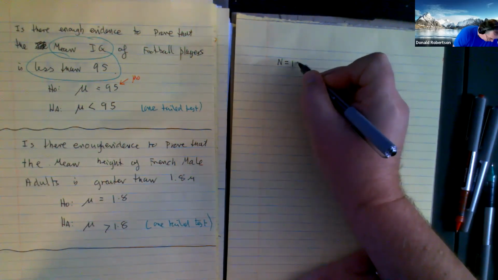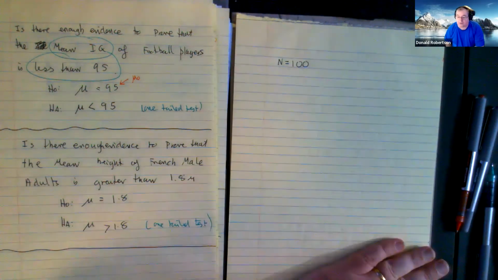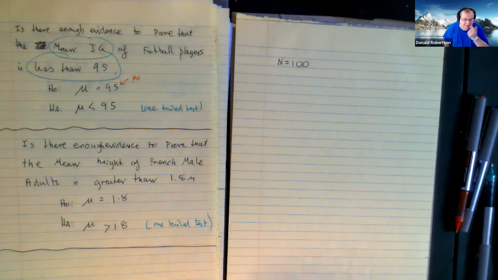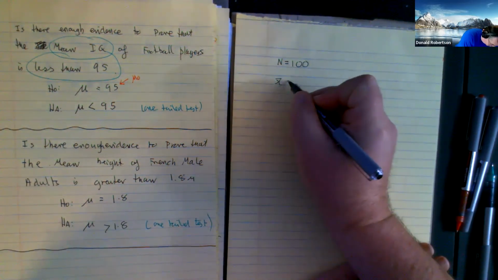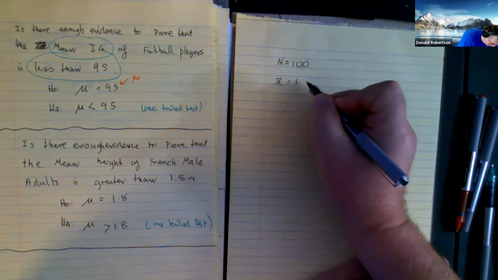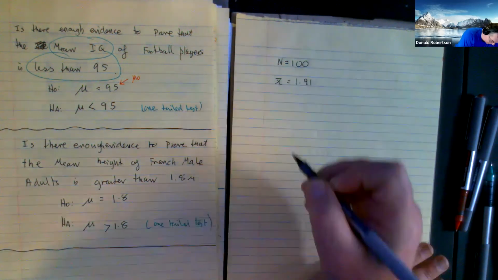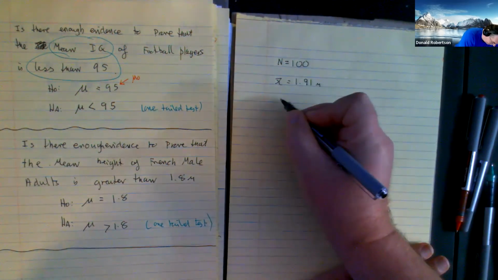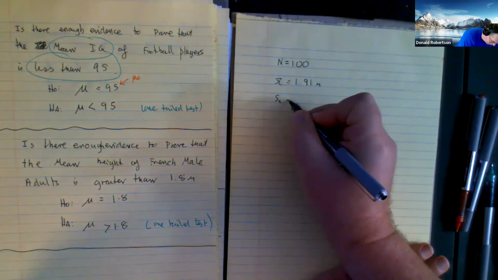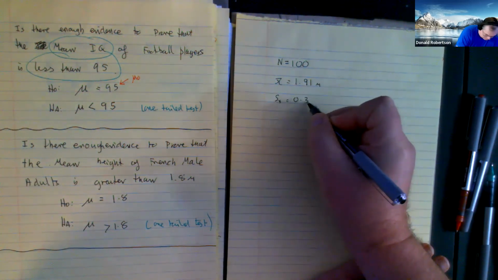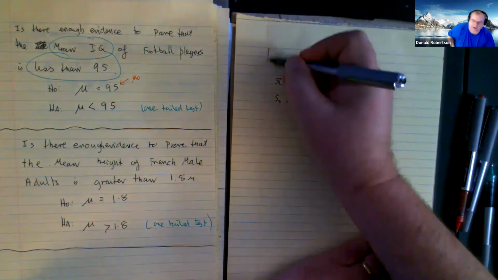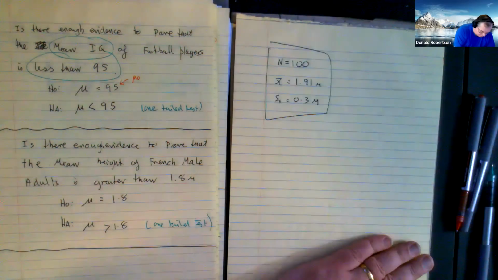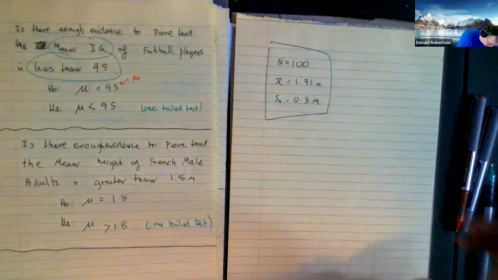I get 100 random Frenchmen, and I get their heights. Their mean height was 1.91 meters, and the standard deviation was 0.3 meters. And that I was given, right? Now I'm going to get the standard error.